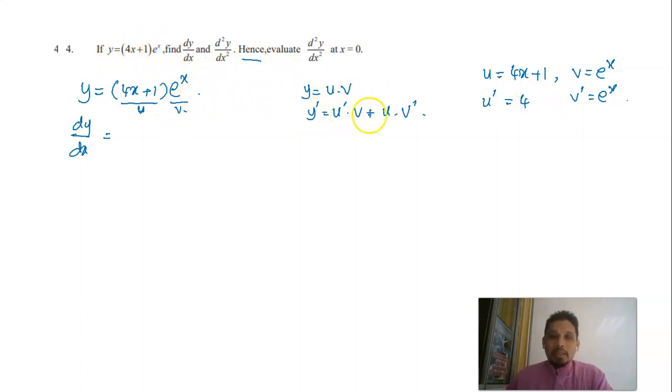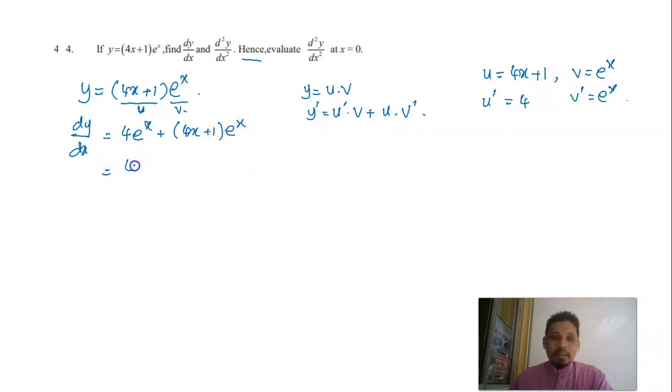So now let's substitute u prime and v prime into this formula. u prime, which is 4, multiplied with v, e to the power of x, 4 e to the power of x, plus u multiplied with v prime, 4x plus 1 multiplied with e to the power of x.